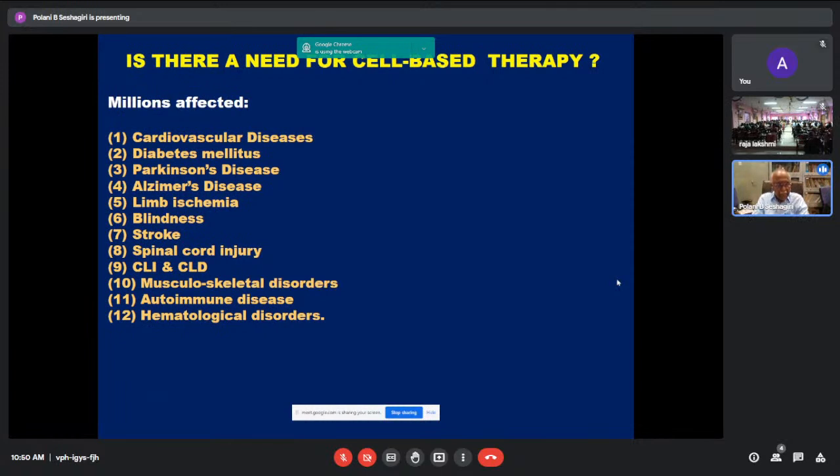You name a disease, there are potential possibilities of using stem cell derived cell types for alleviating the disease phenotype, whether it is cardiovascular disorders or diabetes mellitus, Parkinson's disease, or Alzheimer's neurodegenerative disorders, ischemic conditions, blindness, stroke, spinal cord injury, to have supporting as well as neuronal cell transplantation, critical liver diseases, chronic liver diseases, chronic kidney diseases, musculoskeletal disorders, autoimmune disorders, hematological disorders. Probably I'll give you 1 or 2 examples of these. So the potential is really very huge.